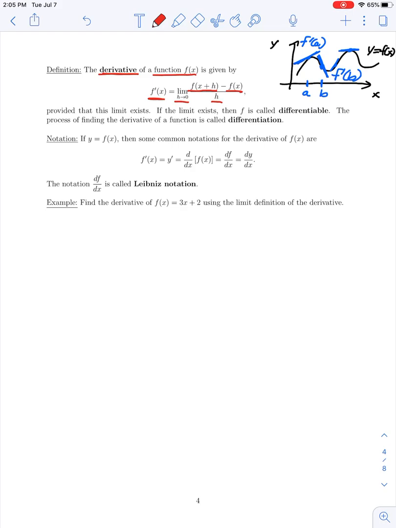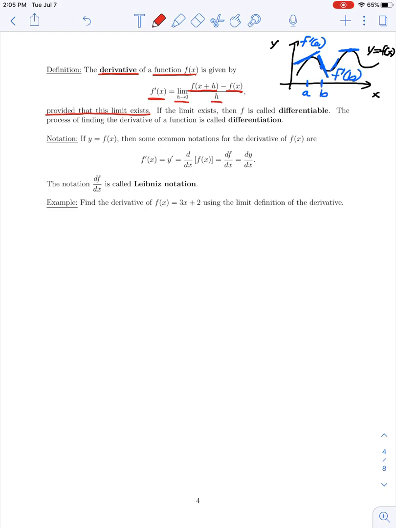It's the same definition that we had for f prime of a in the first part of this section, but now, rather than choosing a specific x value a, we're just using x. So we're defining the derivative at any value of x, so for any point on the graph of our function. And this derivative is defined in this way, provided that that limit exists.